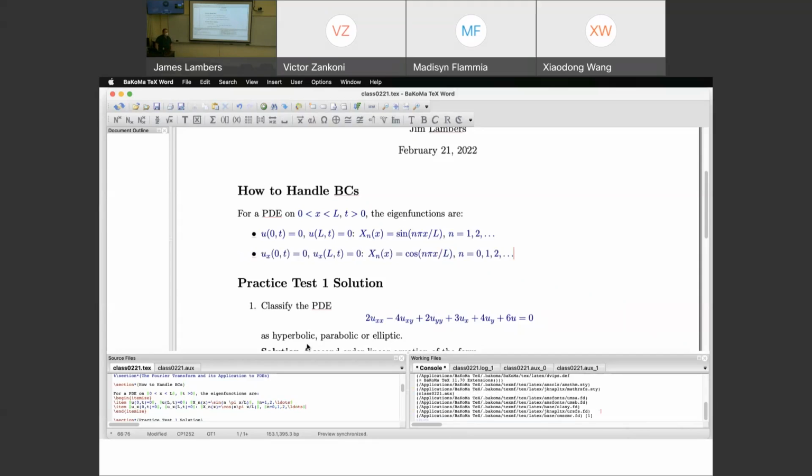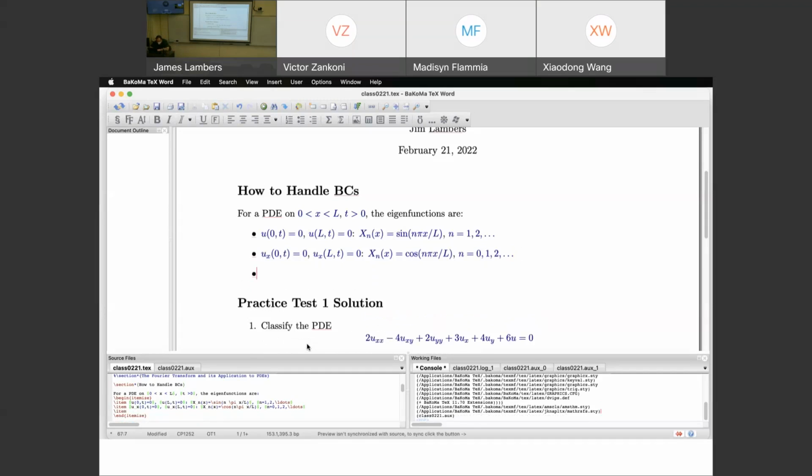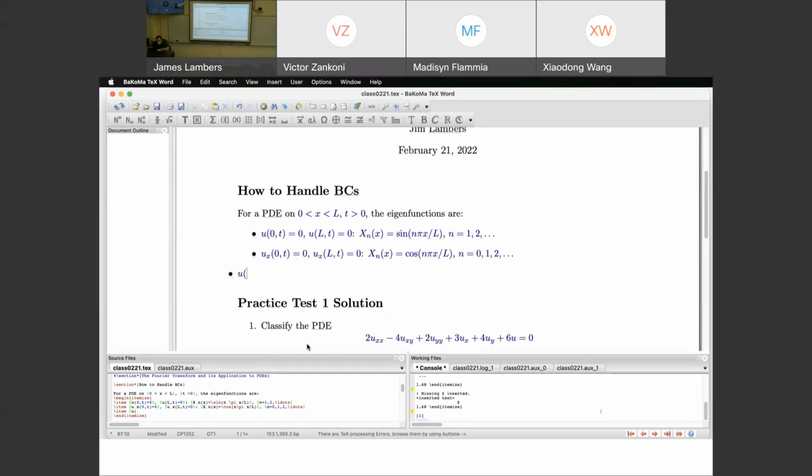So here we have both cases of the simplest kinds of boundary conditions, where you have the same type of boundary condition at both ends. But we have seen problems where you have a different type of boundary condition at each end. For instance, suppose it's type 1 on the left and type 3 on the right.